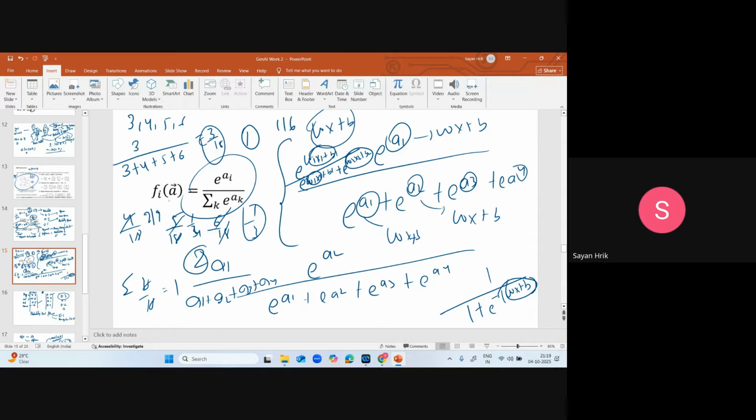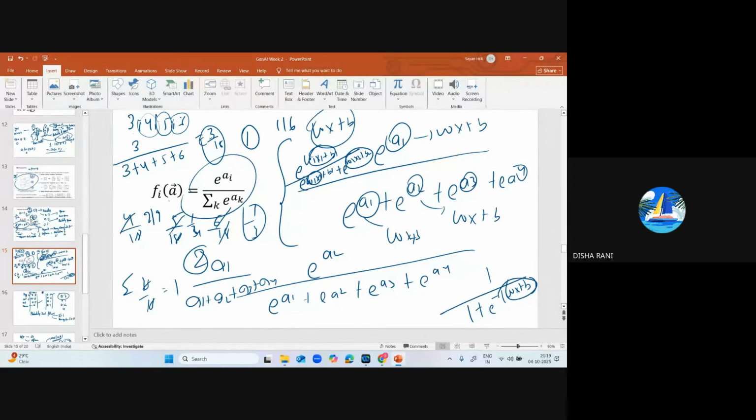I took an example here that if the scores were 3, 4, 5, 6, the first probability will be 3 upon the sum of 3 plus 4 plus 5 plus 6, which is 3 by 18. Similarly, the second probability will be 4 by 18, the third 5 by 18 and the last one 6 by 18. So you are just taking the individual score and dividing it by the sum of all the scores to get a distribution. Yes, sir. So it's simple. I'll take a numerical example also, so that it will be more clear.